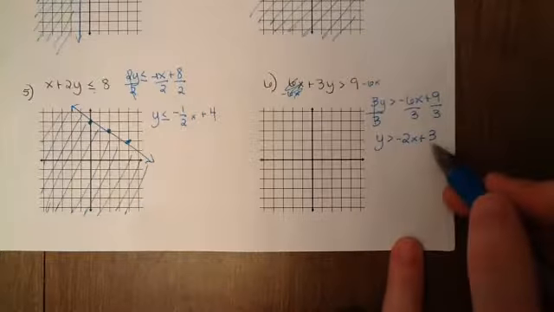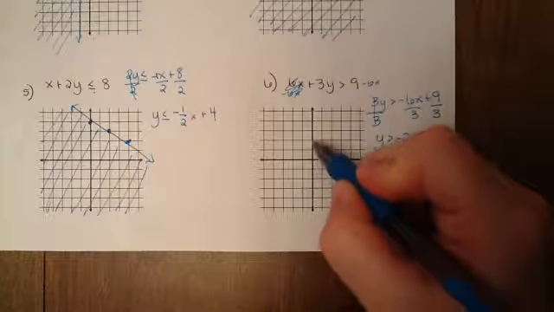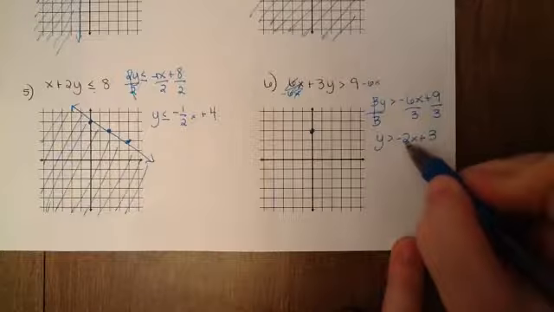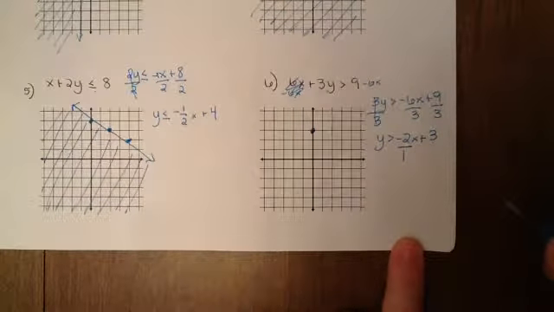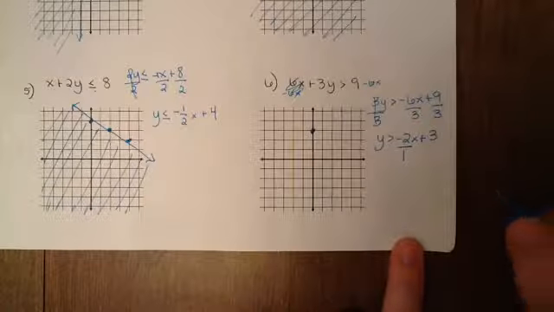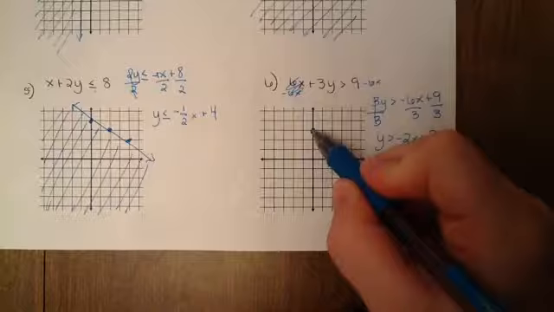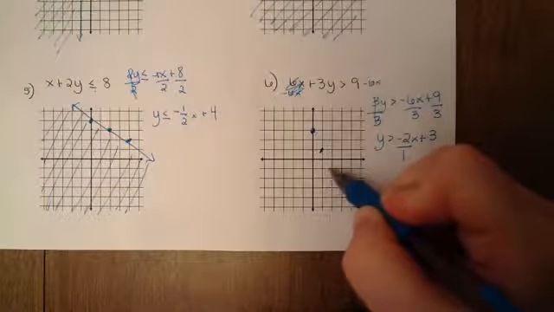When you go to graph this, what's our y-intercept? 3. So I'm going to go up 1, 2, 3 and plot a point. And our slope? Negative 2, which is the same as negative 2 over 1. How do you graph a slope of negative 2? Down 2 over 1.